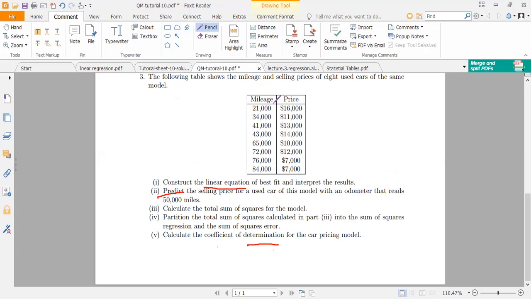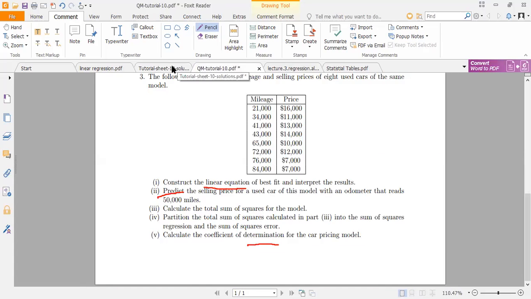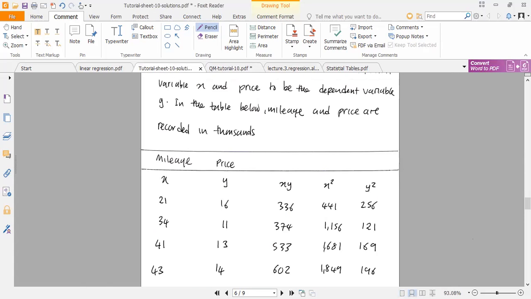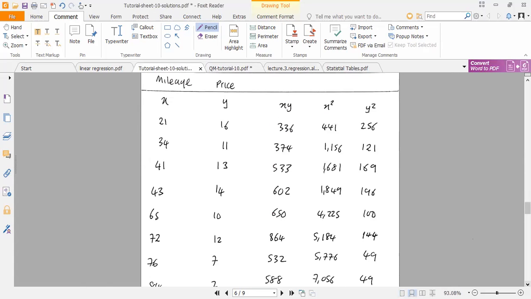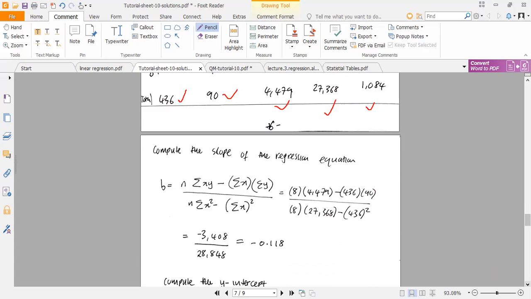All right. So we'll go to our workings. Looking at our workings, x, y, y squared, this is not an issue so much. We find our summation of x, summation of y, xy, x squared, and y squared. Using this formula, there are three formulas that we use to calculate our slope.